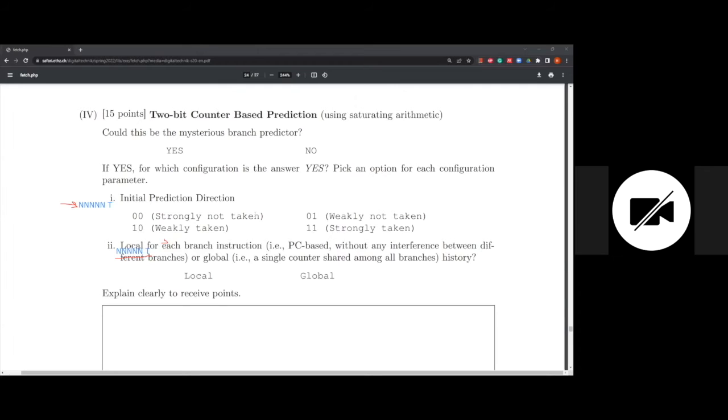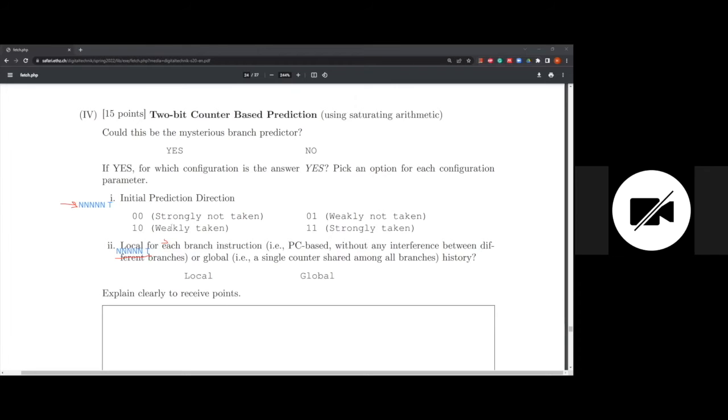If the actual branch outcome is taken, then the counter will be incremented to 0, 1. From that point on, the prediction will still be weakly not taken. But once we encounter one more taken branch, the counter will be incremented one more time to 1, 0, and from that point on, the branch predictor will start predicting the outcomes as taken.